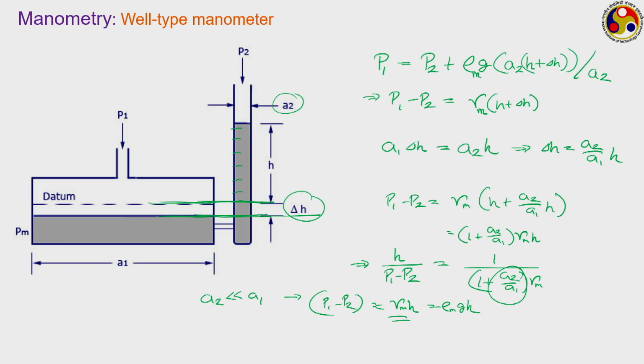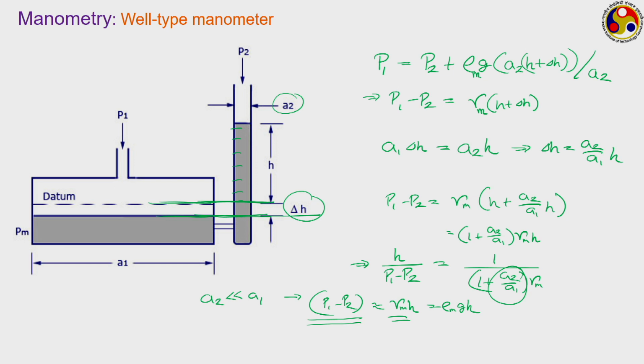That is why manometers are excellent devices as long as we are looking for static pressure measurement, and also we have to be careful of the range of pressure. They are generally not suitable for very large values of P1 minus P2, whatever may be the choice for rho m or the ratio A2 by A1. As long as we are working with low to moderate pressure levels, and there is more or less a static or steady state condition, manometers are very good devices for pressure measurement.